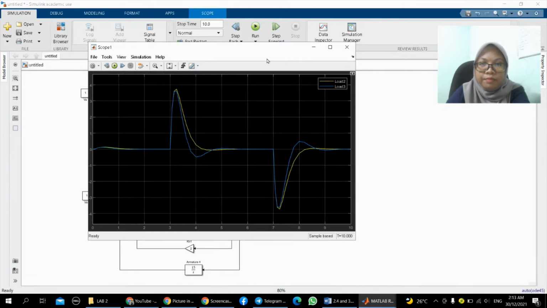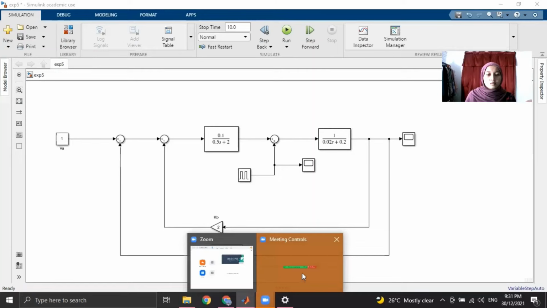Okay, you can see the two graphs are about the same. The yellow line is load 2 when K equals 10, and the blue line is load 3 when K equals 15. That's all from me. Thank you.